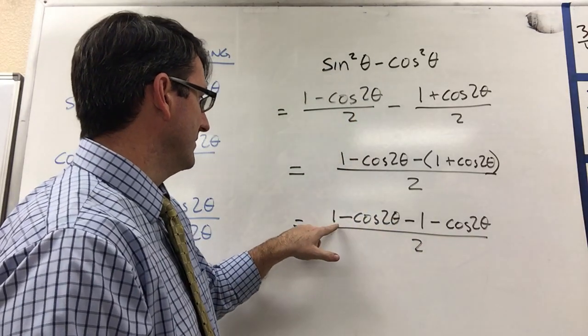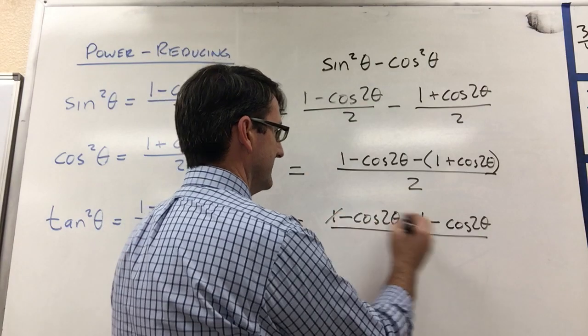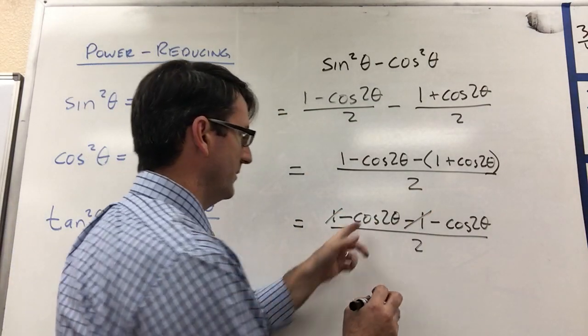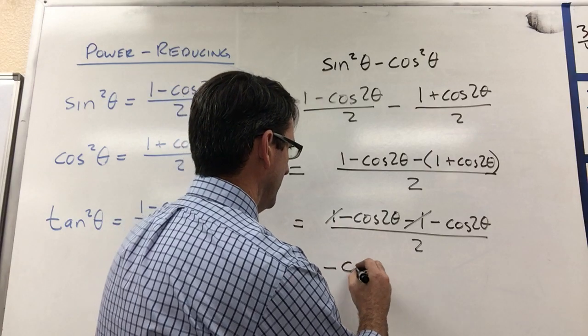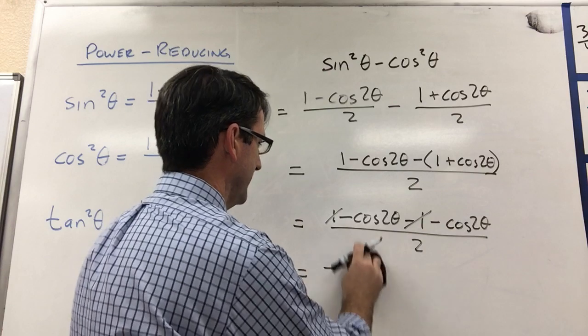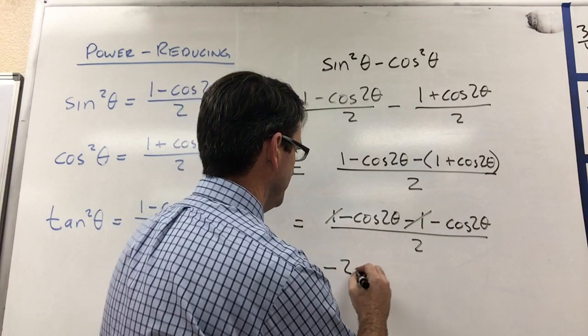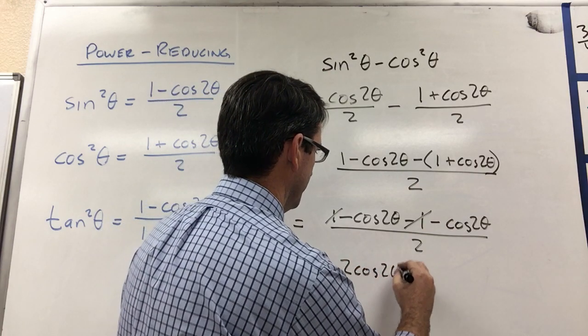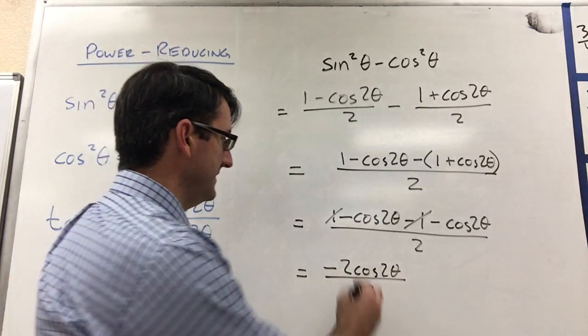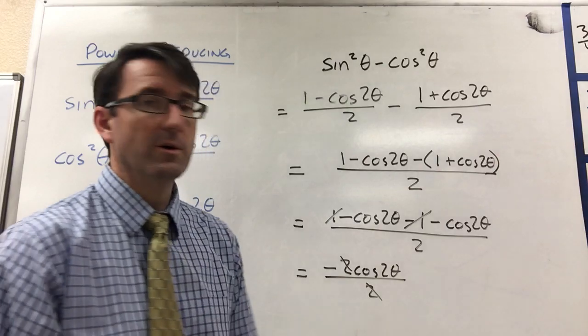All right, so now the 1 minus 1 is just going to subtract to 0. And we're left with negative 2, because we've got a cosine 2 theta minus cosine 2 theta. So this is negative 2 cosine 2 theta. And we're dividing that by 2. And so now these 2's are going to cancel.